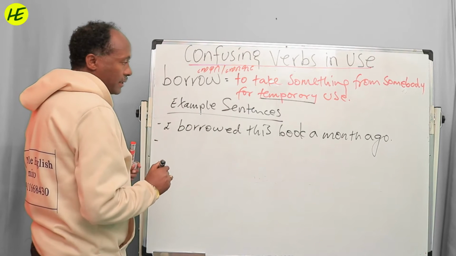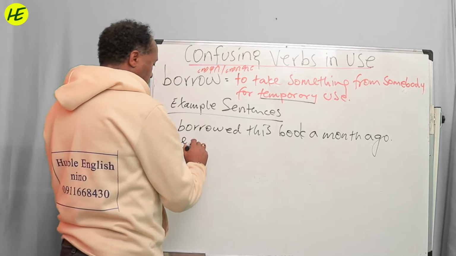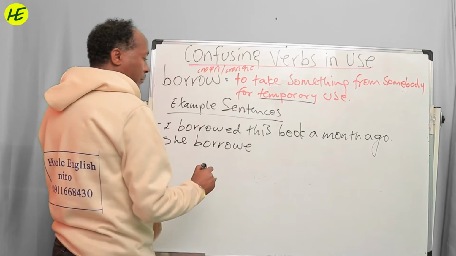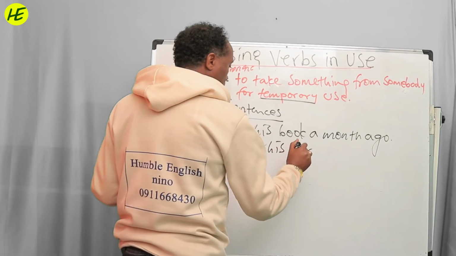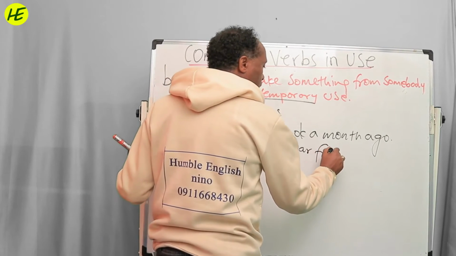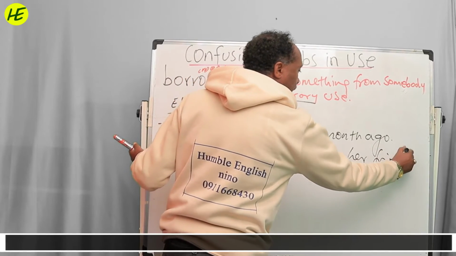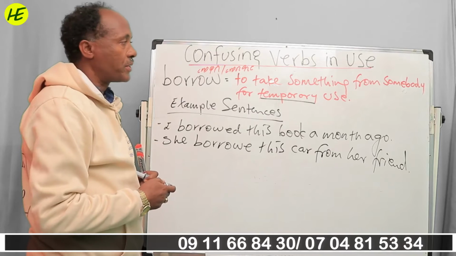Okay, let's see another example. She borrowed this car from her friend, you may say. Okay? You know, the preposition from helps out also.